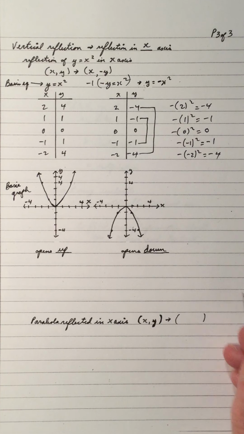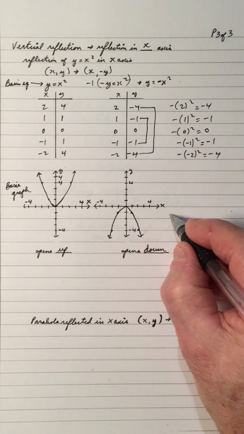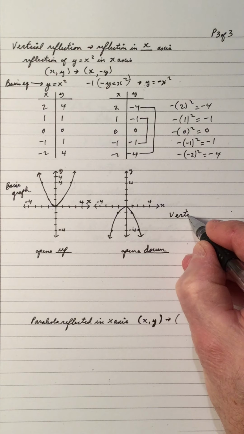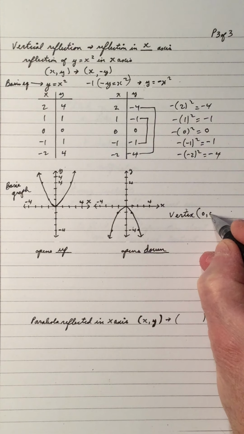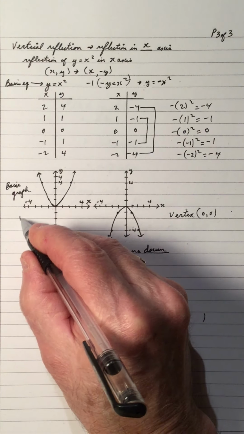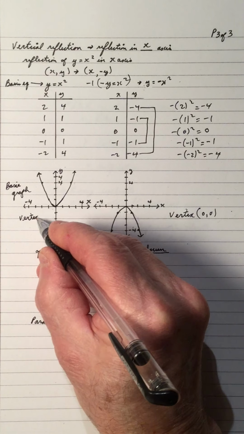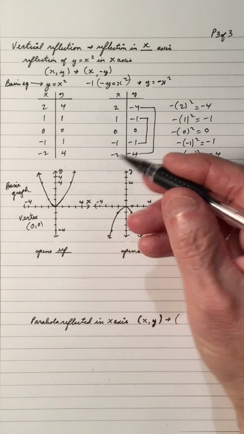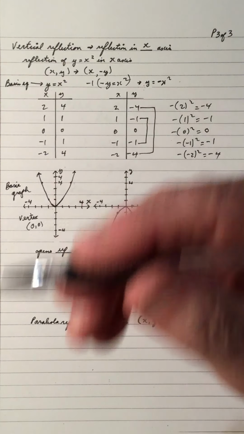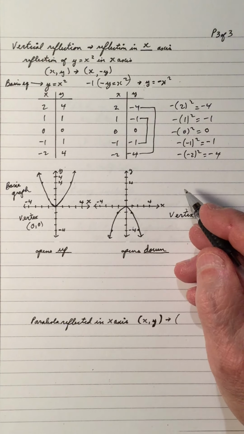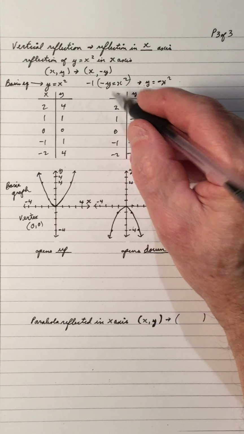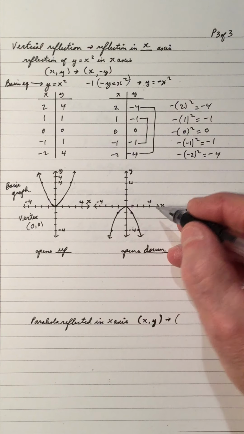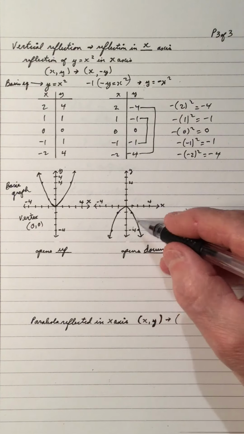And notice the vertex didn't change. The vertex is still 0, 0. It just flipped over. So the parabola just flipped over and went down here. When you reflect in the x-axis, the y values change.